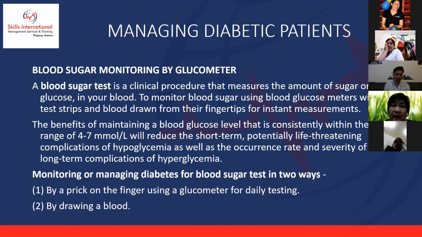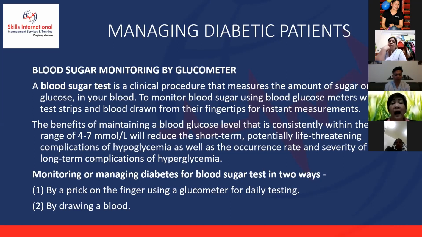The benefit of maintaining a blood glucose level consistently within the range of 4 to 7 millimole per liter is that it will reduce the short-term, potentially life-threatening complications of hypoglycemia, as well as the occurrence rate and severity of the long-term complications of hyperglycemia.